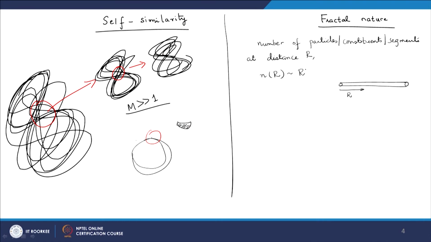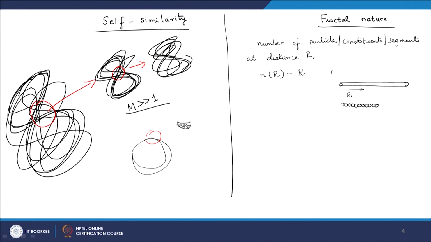Think of the rod as built up of segments, and if I count these segments, then the longer distance I look, the more particles or segments I will see. The number is simply proportional to the distance I am looking at.